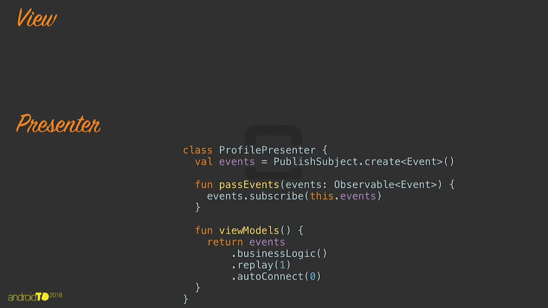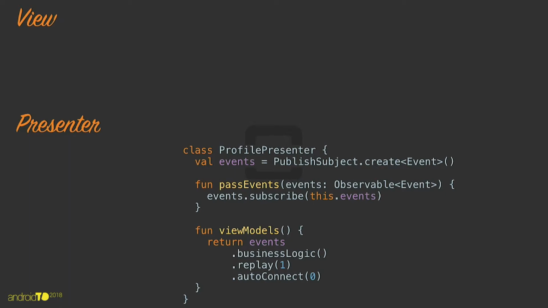And autoConnect 0, so the presenter stream is not bound to the view lifecycle, which means the presenter would create its own stream from the beginning, and the view will be just either passing events or subscribing to view models.